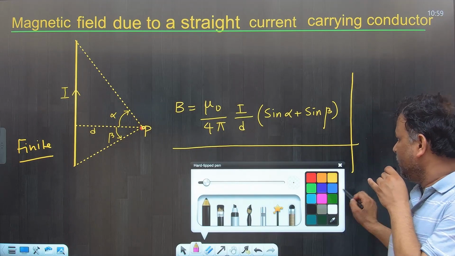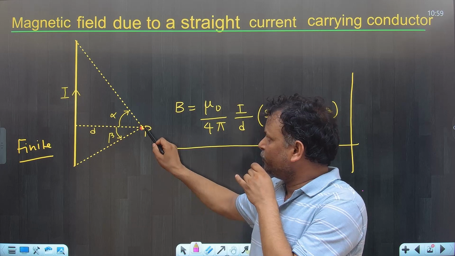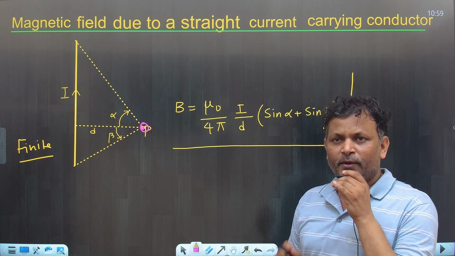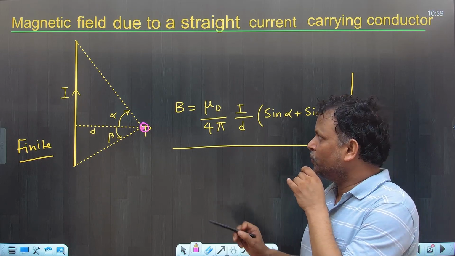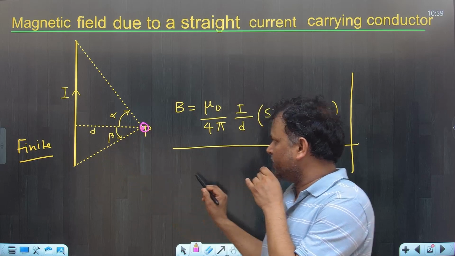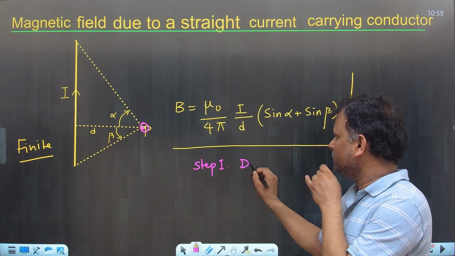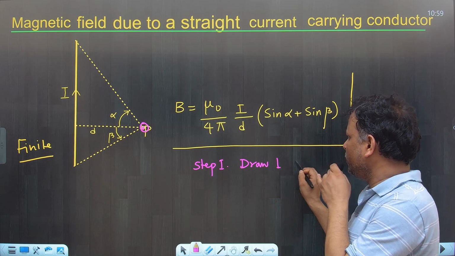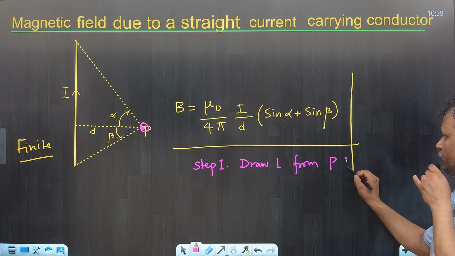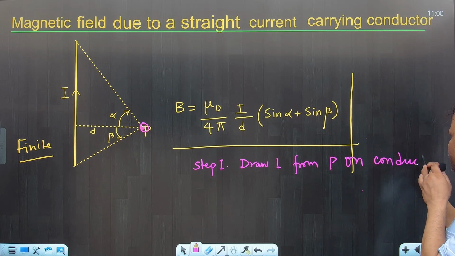See, this is a straight wire. You have to find the magnetic field at point P. So first of all, you drop a perpendicular from that point to the straight conductor. Step 1, draw a perpendicular from point P on the conductor, right?